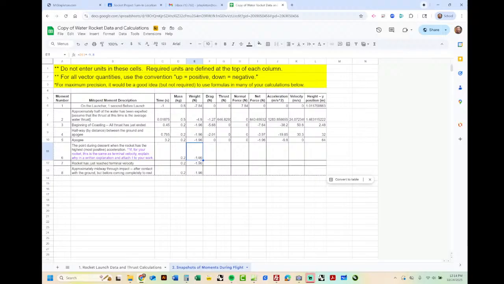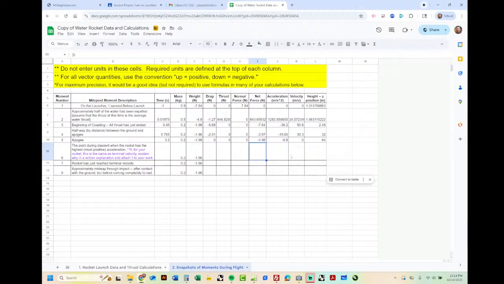The weight has got to be -1.96, because the weight's just going to be mass times -9.8. The drag, let's see, I'm going to do it this way.